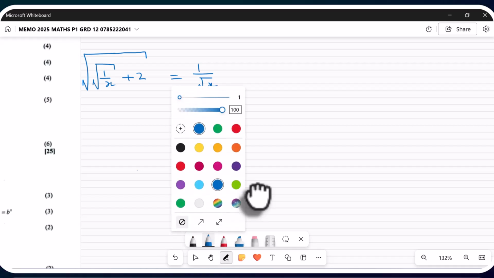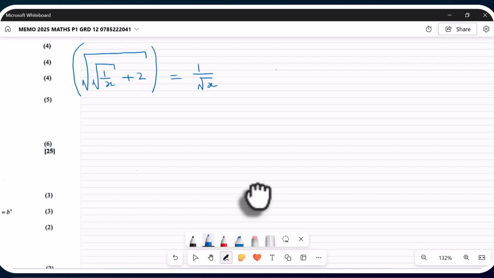So now I'm left with root 1 over x, plus the 2. Here I'm going to have 1 over x.